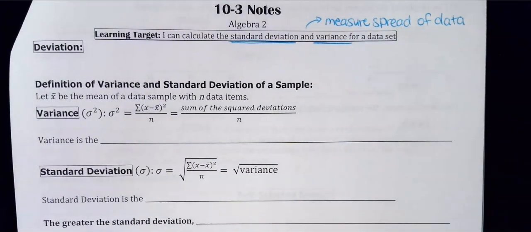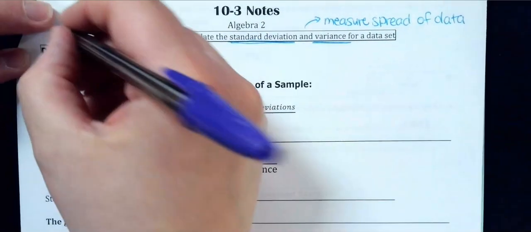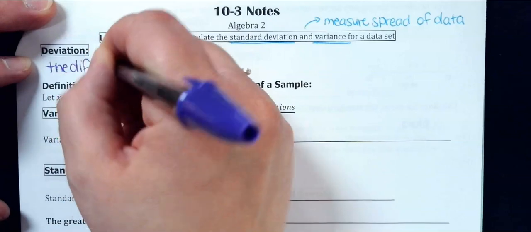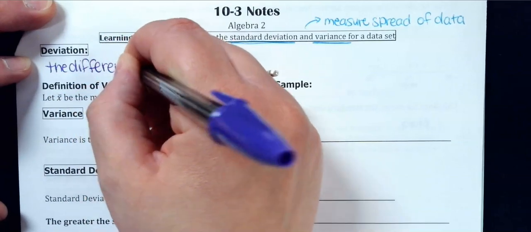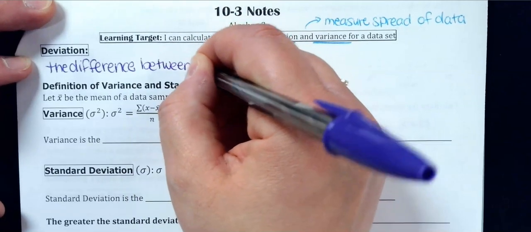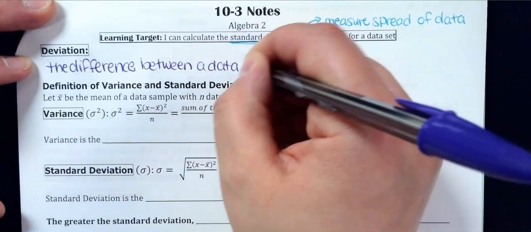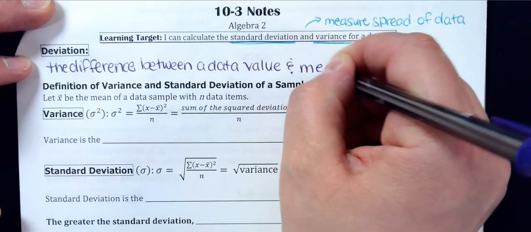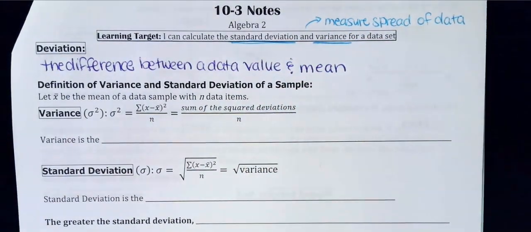Okay, now a deviation is the key to calculating standard deviation and variance both. So a deviation, it's literally just the difference, so we're going to do subtraction, between a data value and whatever the mean is for the data set, or the average, if you want to look at it that way.